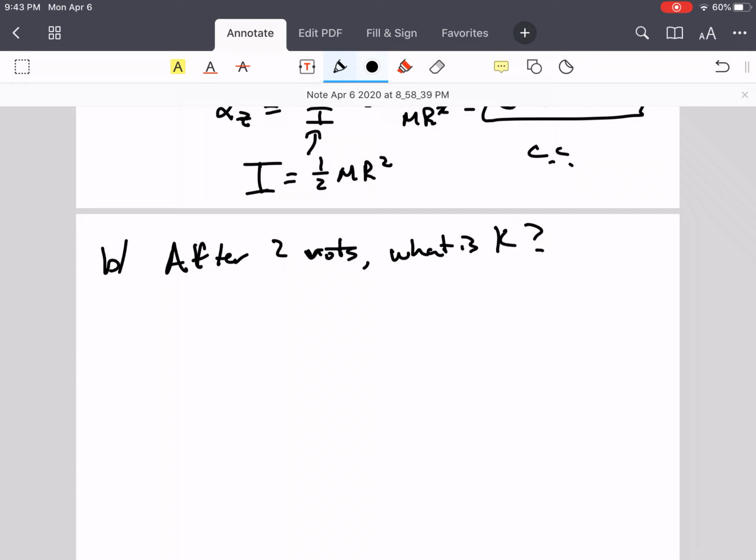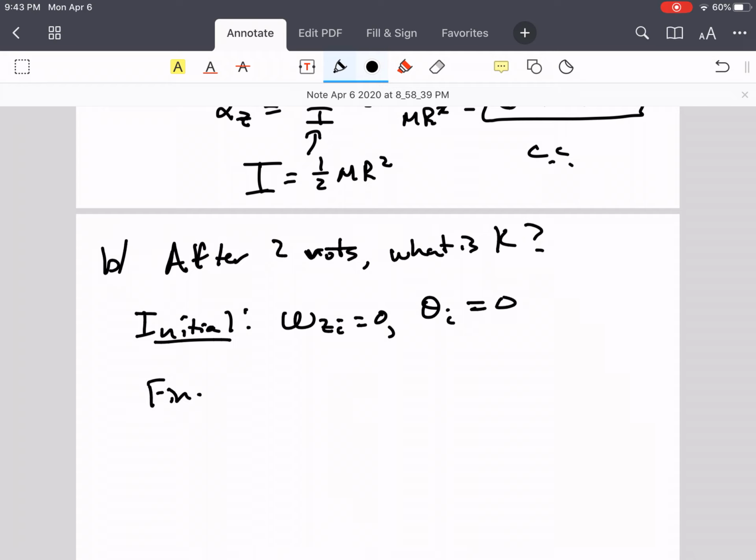So here it's a constant angular acceleration, meaning that I want to simply solve the formulas for constant angular acceleration. So here we have an initial state where it's at rest. So omega z initial is 0. Let's say the angle initially is 0. I'm just going to define it like that.